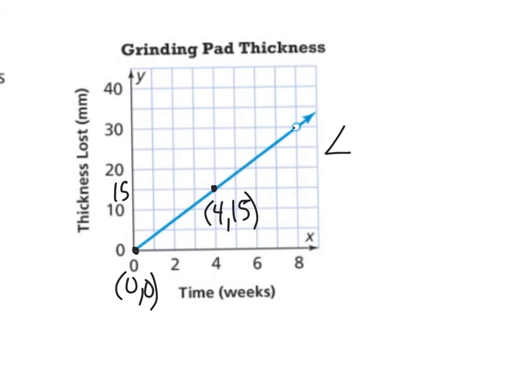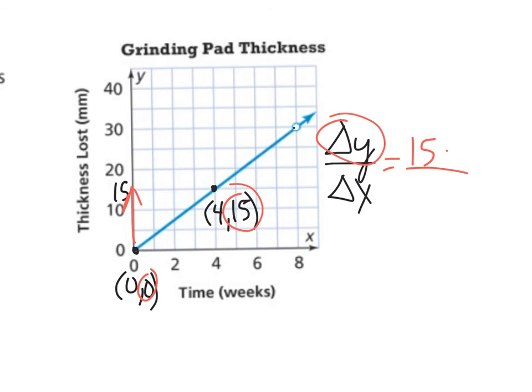So finding the slope, we're going to find the change in y over change in x. So change in y, our y value, we went from 0 to 15. So our change in y, if you wanted to, you could do 15 minus 0, which is going to be 15. And the change in x, we went from 0 to 4.